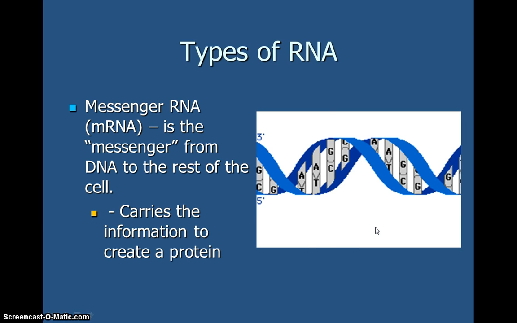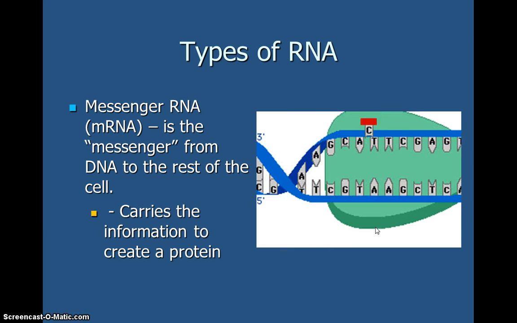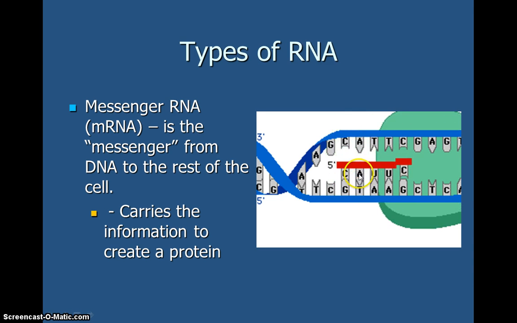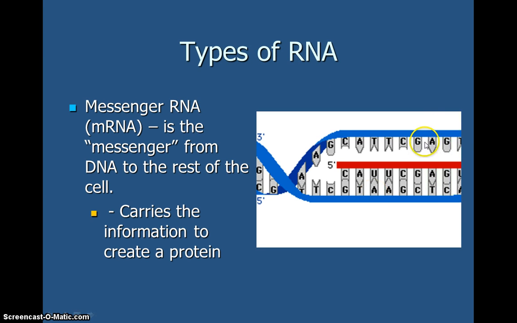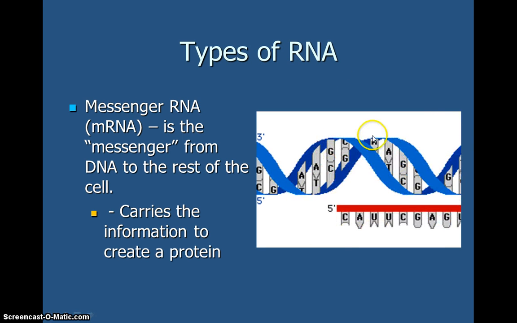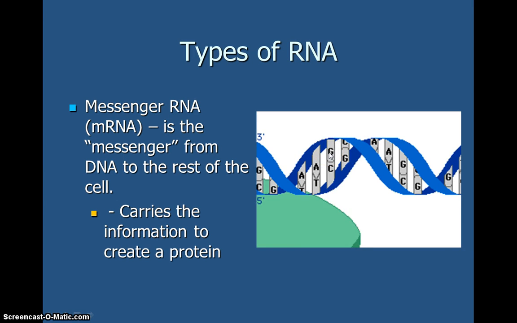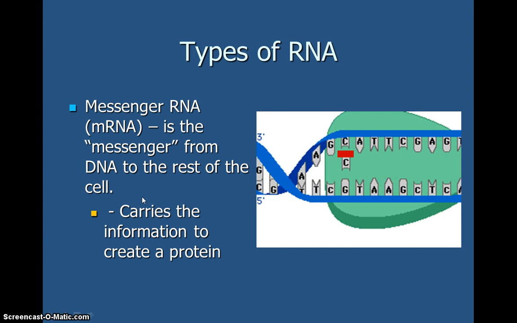That's where the uracil is. So we know that's messenger RNA. That's an RNA if there's a U in it. If there's a T in the DNA, it still combines with an A. So this is a great little visual for you to look at if you need help with looking at mRNA.